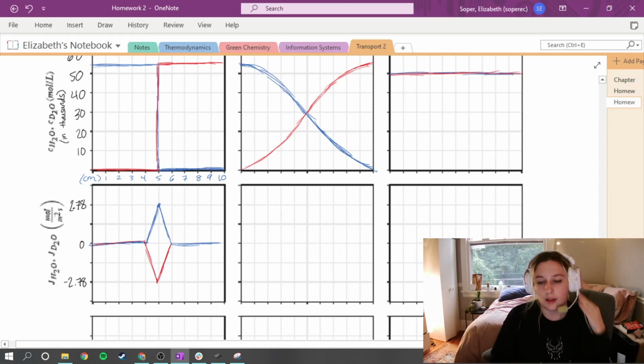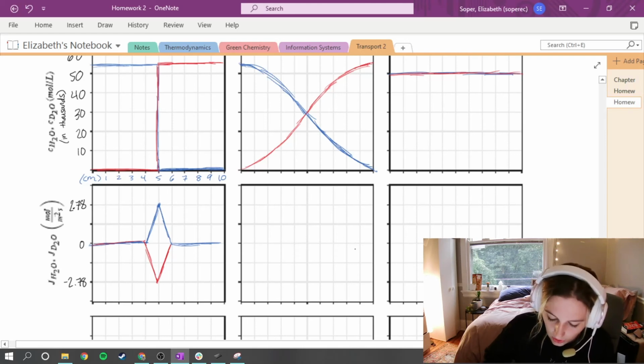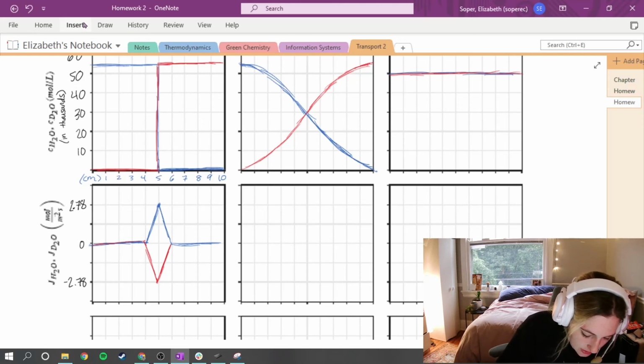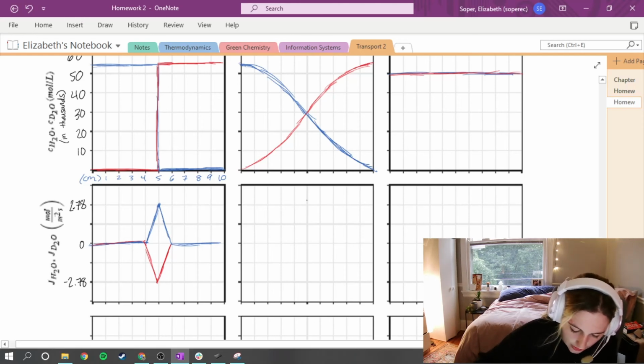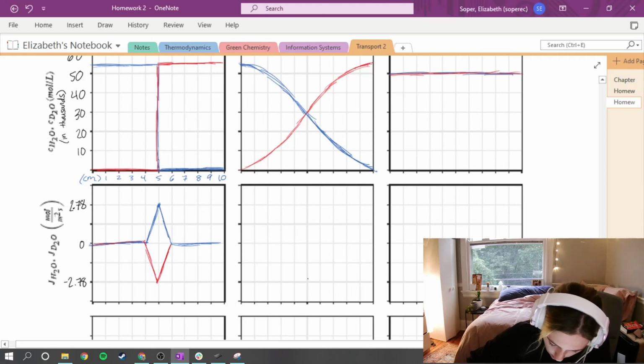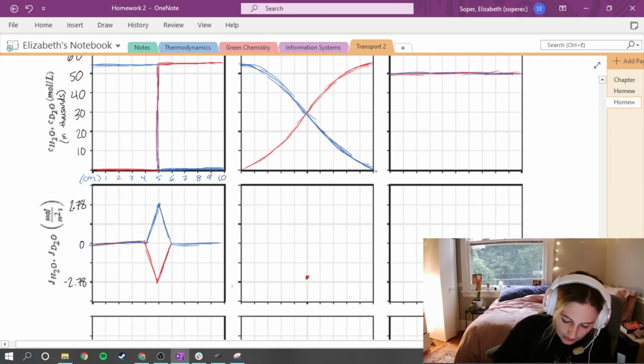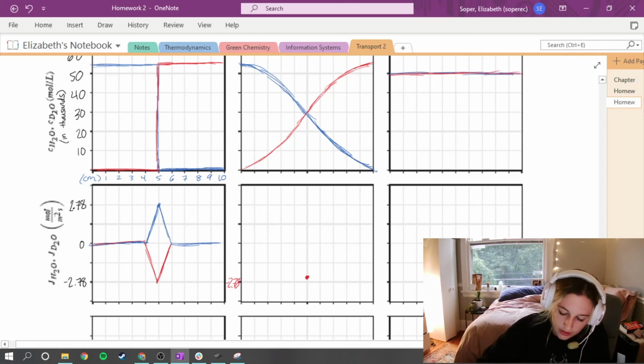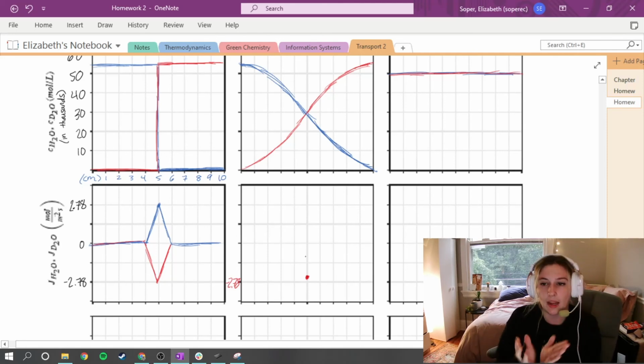Then for the next graph, it's going to look similar, but it's going to start diffusing. I have the red, so it's also going to be a little bit less than the negative 2.78 mark, because that was the max molar diffusive flux right at t equals 0.1 seconds. It was described as the max molar diffusive flux. So we know that it goes down a little bit, and then as it goes down, it's dispersing more.